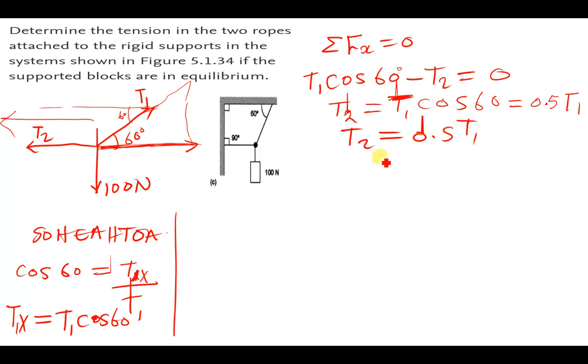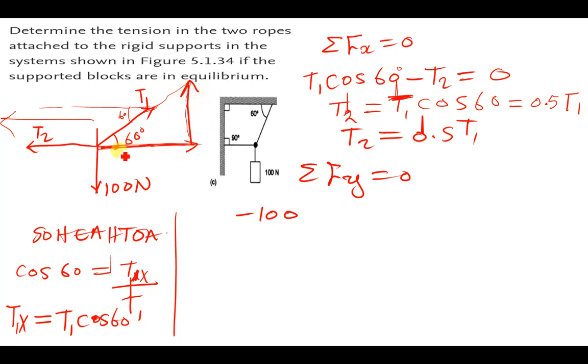Let us now quickly find the summation of forces in the Y. So this should also add up to 0. So in the Y we have 100, which is directed to the negative of the Y axis, so we put a negative on 100. And then we also have the Y component of T1.